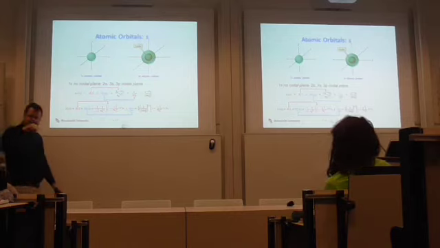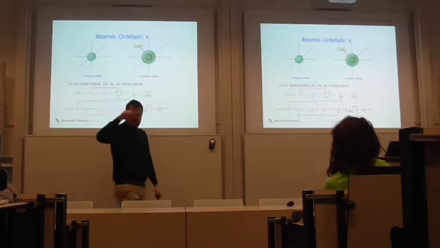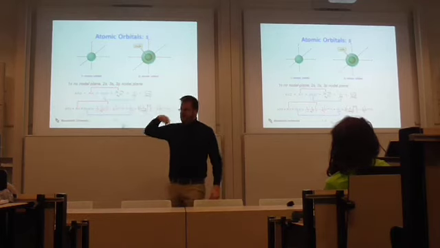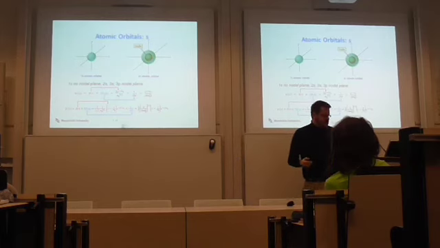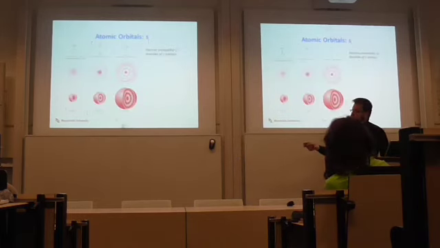They think it means the electron is whizzing around the circumference of this circle, the sphere. That's not the case. It's a representation of what we have here. So the point is, it's all about probabilities.